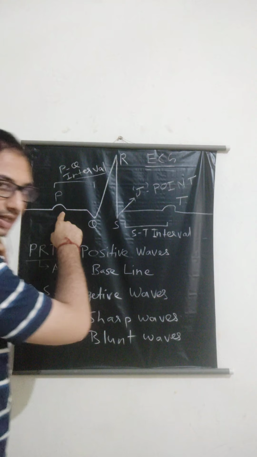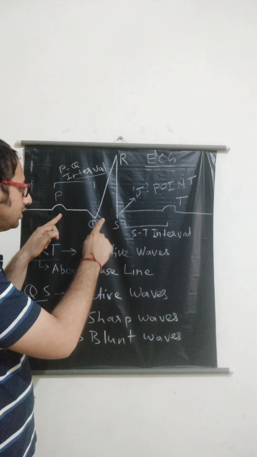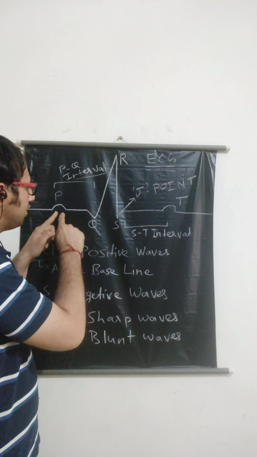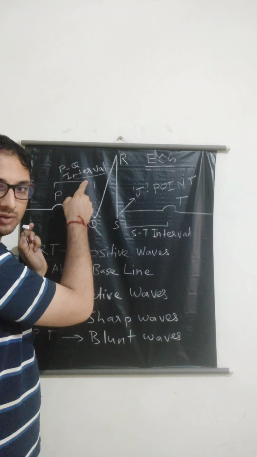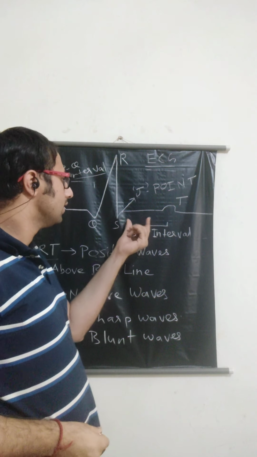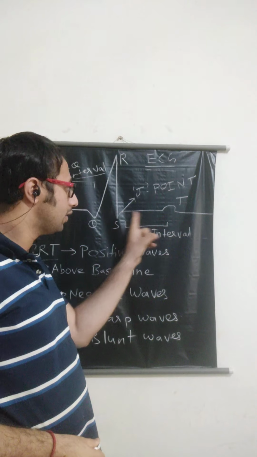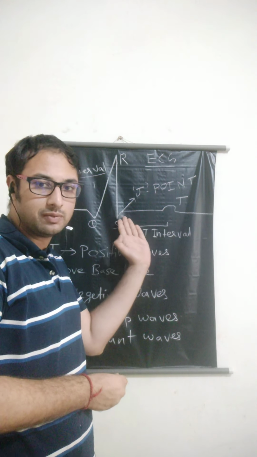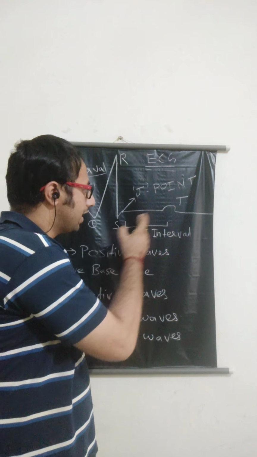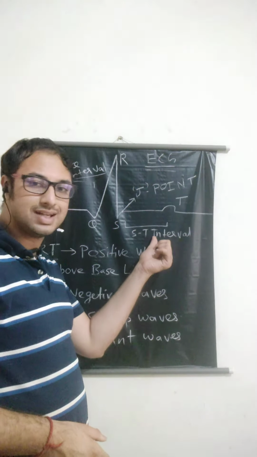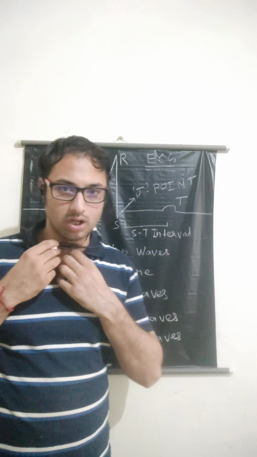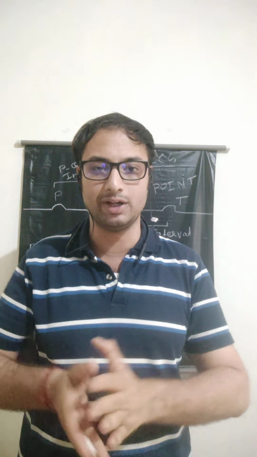For example, the time span between this P wave and this Q wave is called the PQ segment, or PQ interval. Suppose this is the S wave and this is the T wave. The time interval between the S wave and T wave is called the ST interval or ST segment. Understood the meaning of segment or interval? The time span between two successive waves is called the segment or interval.